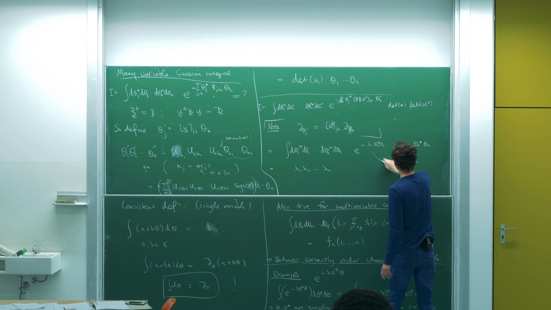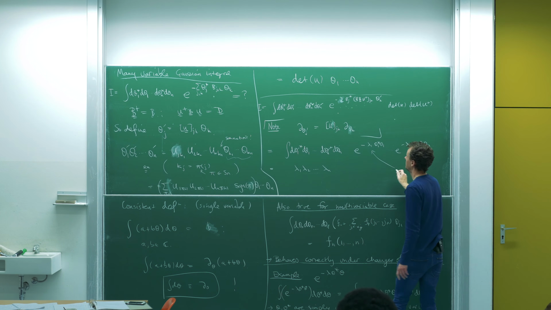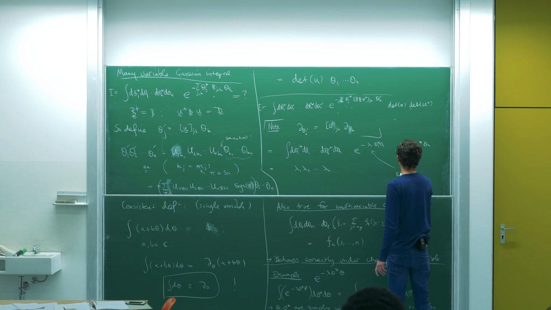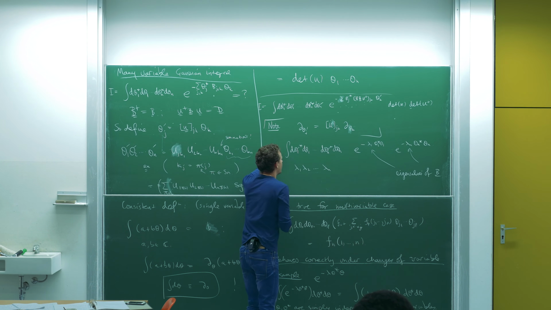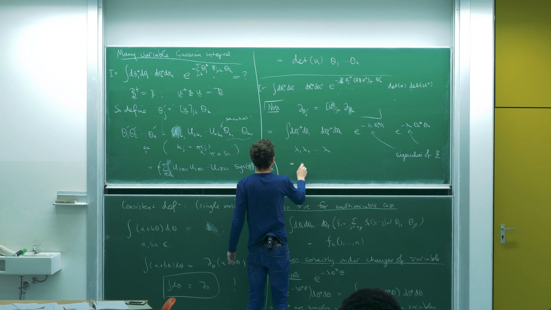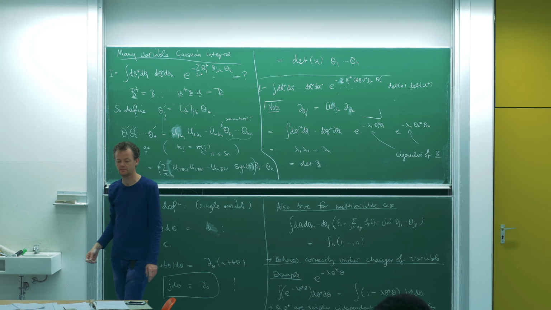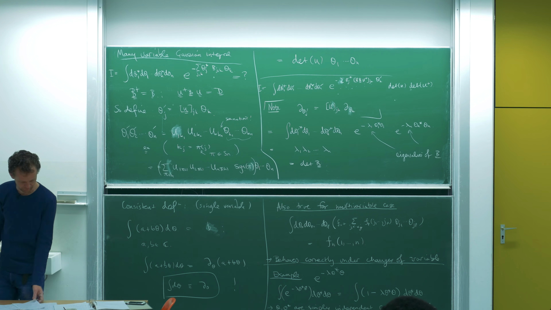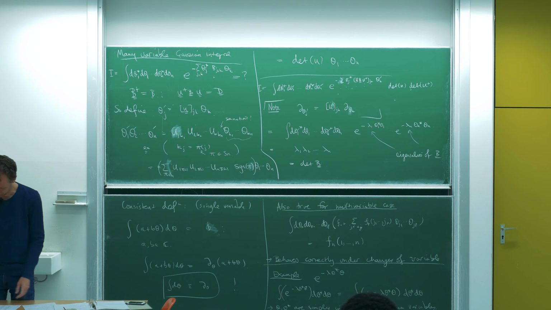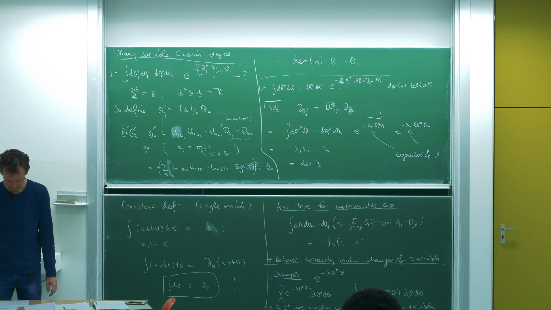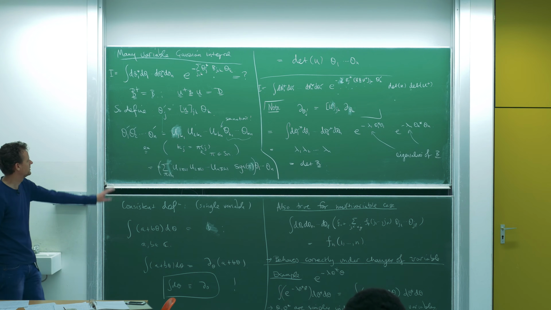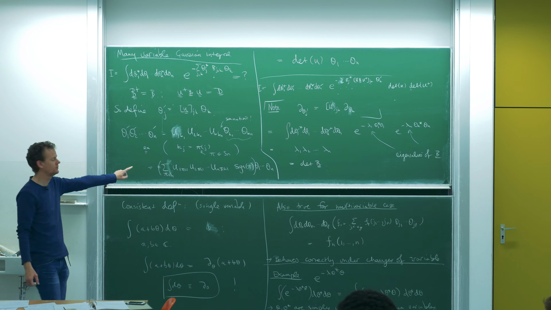So these lambdas, of course, are just the diagonal elements of D, or if you like, they're the eigenvalues of B. And we end up with this really remarkable expression. I mean, this is interesting in so many ways.